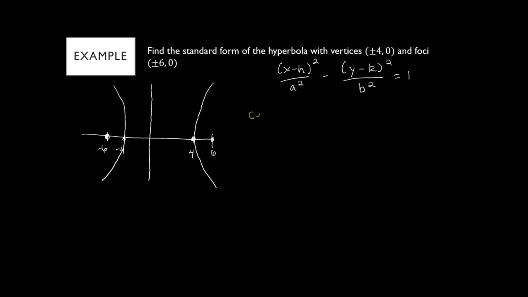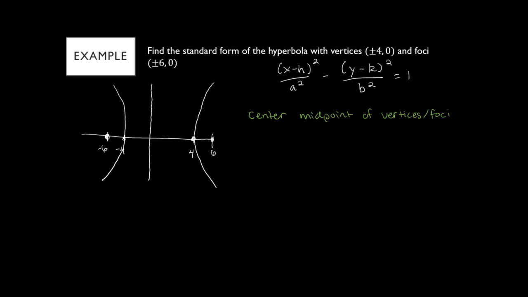We'll start by finding the center. The center is the midpoint of the vertices or the foci, either one. So we have to go back to that midpoint formula to figure out the center.